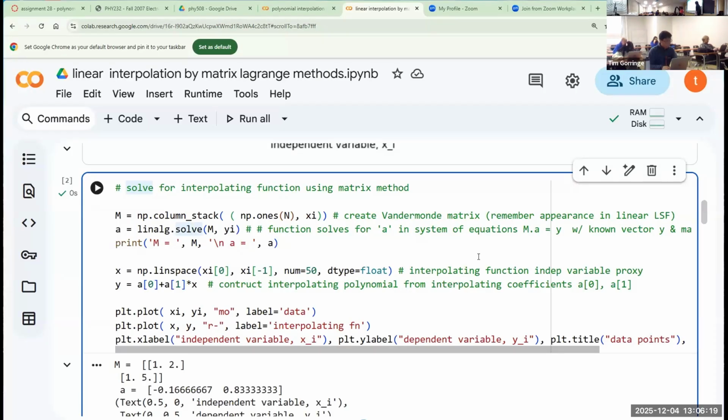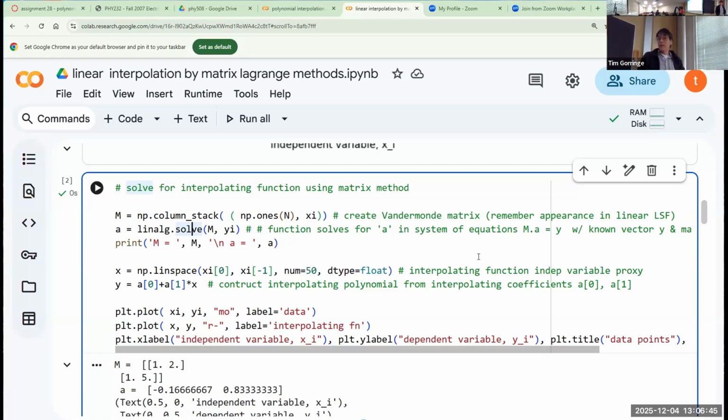And so this is my interpolating polynomial that I've called y here, in terms of my independent variable proxy, the x. And I'm just going to plot that. So finding that polynomial is straightforward using this method.